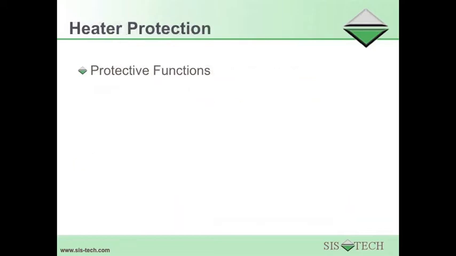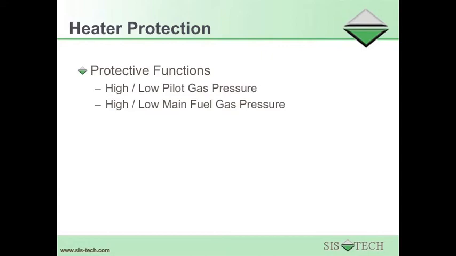One of our BMS SIS solutions for heaters, furnaces, and boilers is the heater protection system. This system is designed to provide a safety function to mitigate hazardous events on pilot, main burner headers, and fireboxes. For example, the heater protection system will allocate the safety functions to shut down the pilot system based on high or low pilot gas pressure, and shut down the main burner header based on high or low fuel gas pressure or low pass flow.